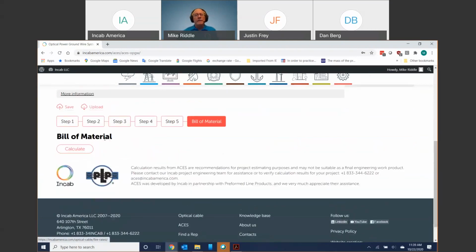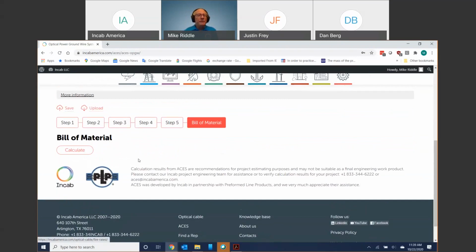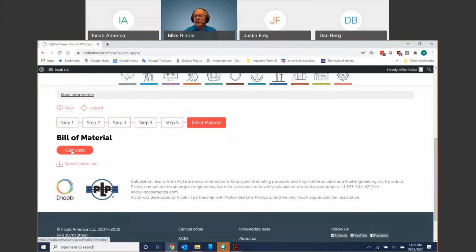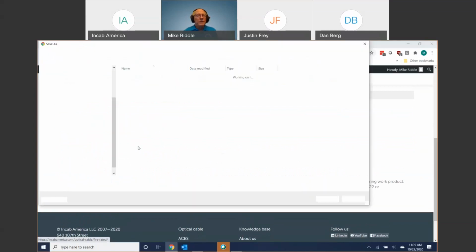And that leads to the last step, which is calculate the bill of material. So everything that you've done to this point, you click the Calculate Now button, and it's what it's calling a specification, which is really just a bill of material, which you can then download.